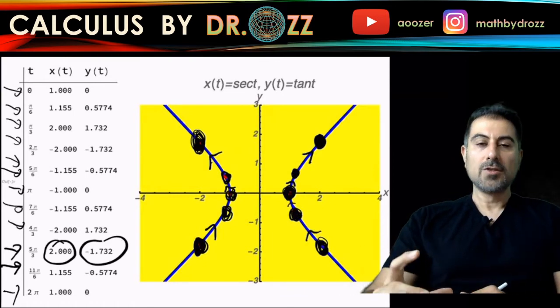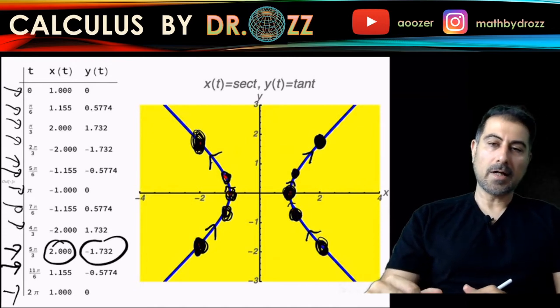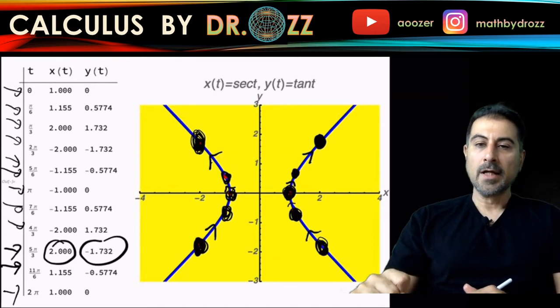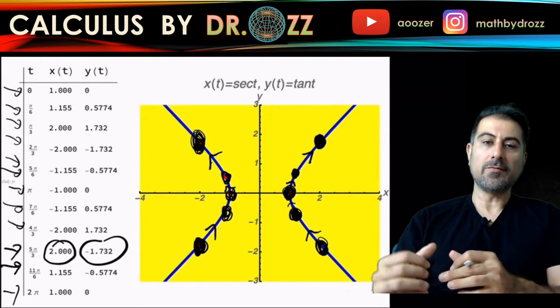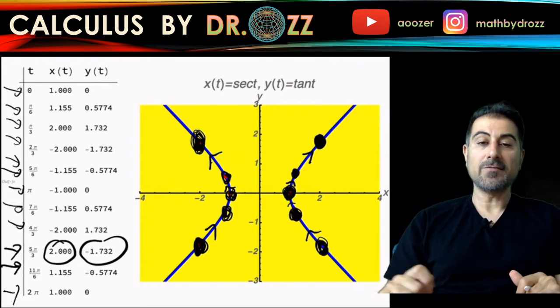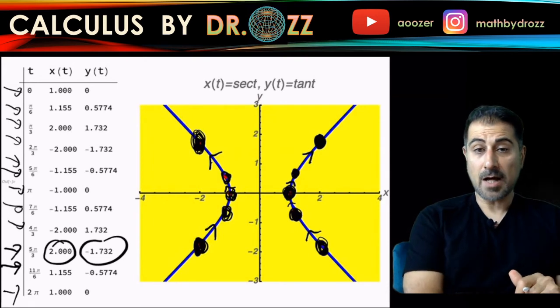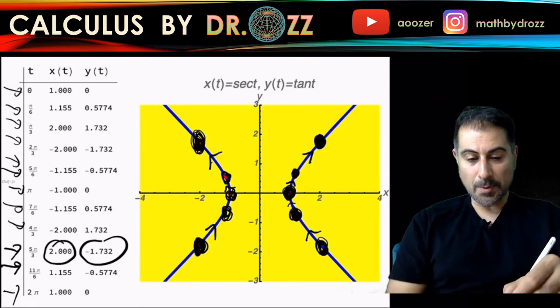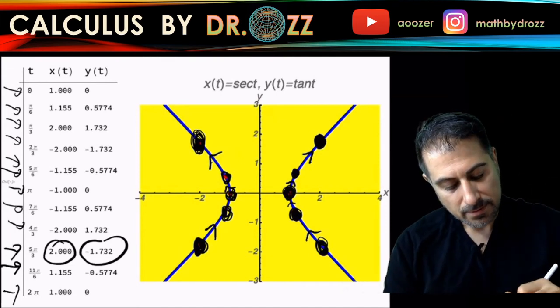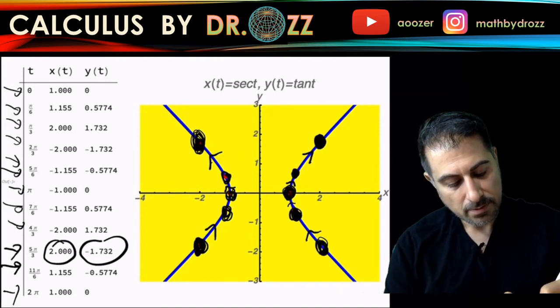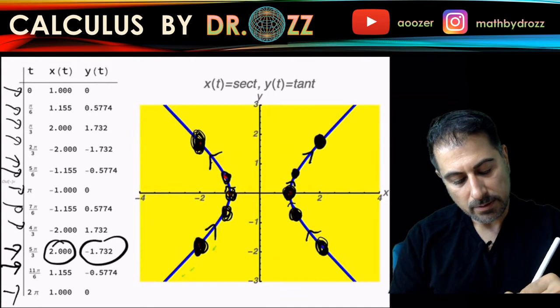Obviously, if you choose your t interval more appropriately, you don't have those jumps. But the reason we have jumps is because we have the graph of a hyperbola, and hyperbolas come with asymptotes. Here are my asymptotes, and here is another one.